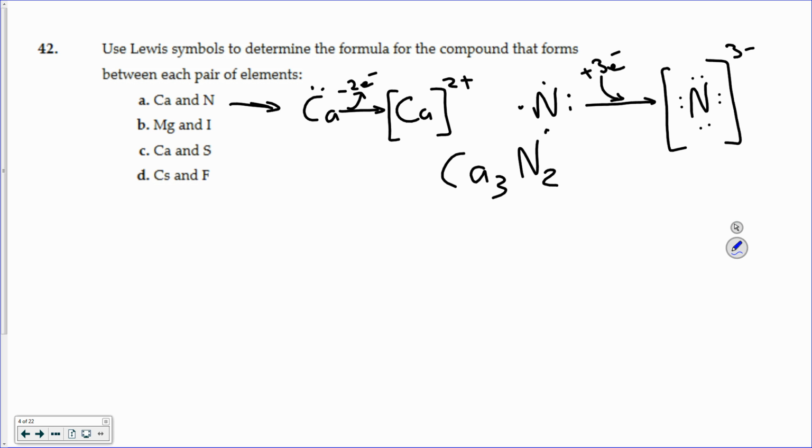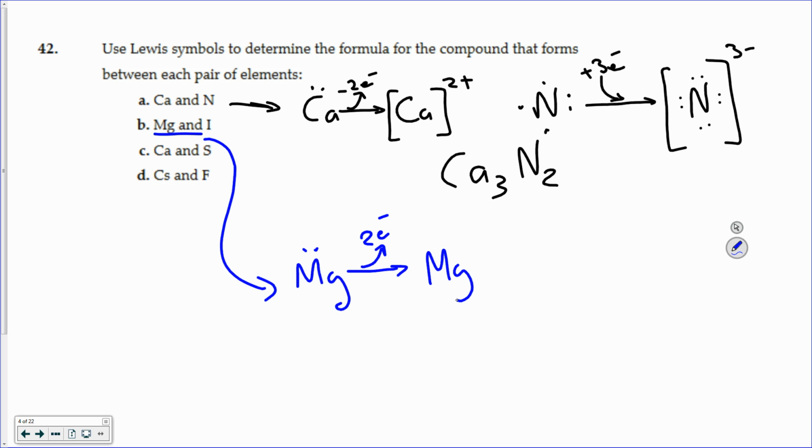Let's do B. So magnesium has 2 valence electrons. It's going to want to lose 2 electrons off to form the magnesium 2+ cation.